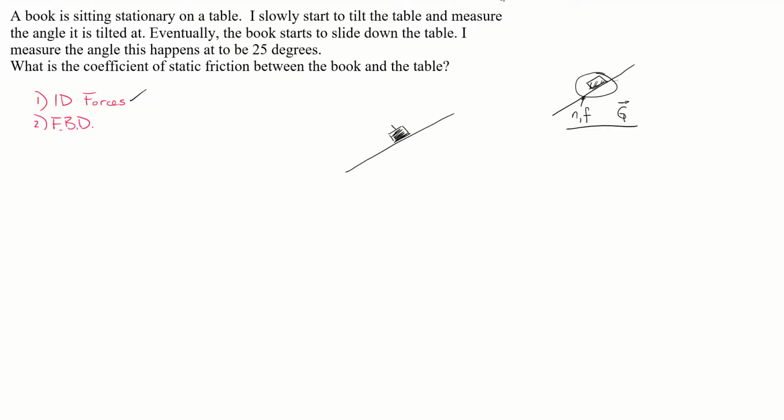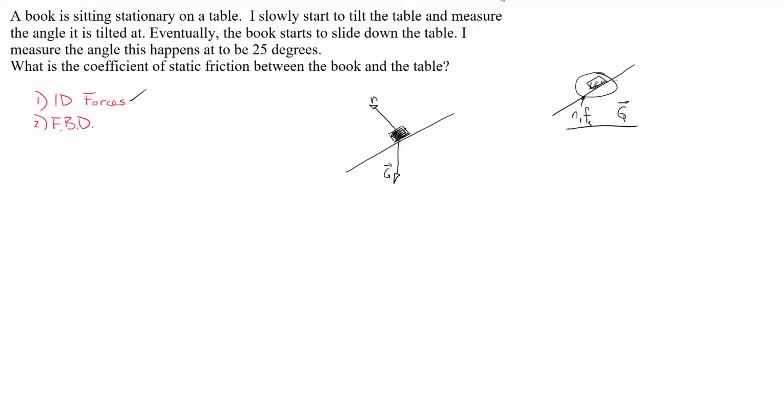We know the normal force is always going to be perpendicular to the surface, so there's going to be a normal force coming off that surface at a right angle. We know gravity is always straight down. And we know the friction force. We're looking at static friction in this case, right? Because I measured that angle as the angle where it went from standing still to moving.